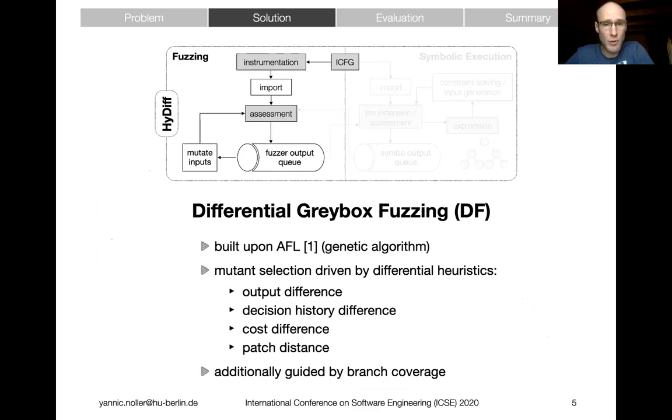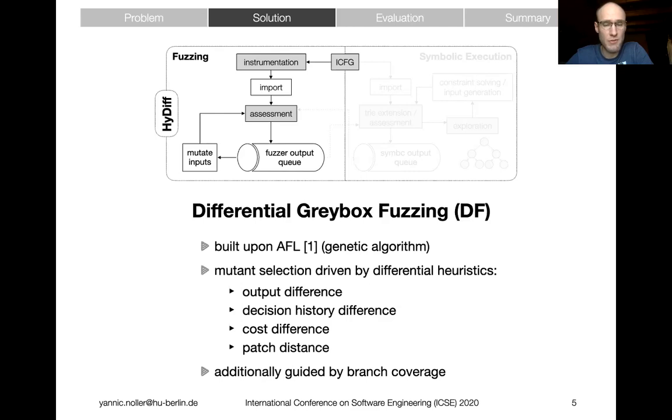For our fuzzing component, we apply a gray box fuzzing approach. So we build upon AFL, which is a genetic algorithm. So essentially it's a mutational fuzzing approach. And the most interesting part here is the actual mutant selection, which determines which inputs are kept for further mutations. In order to drive this, we apply differential heuristics. So we keep inputs which show output difference or decision history difference.